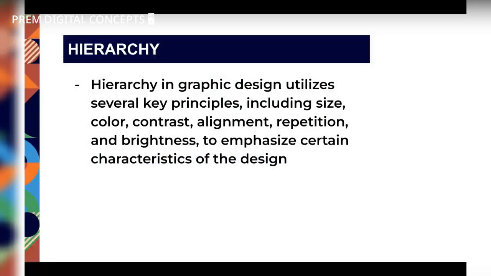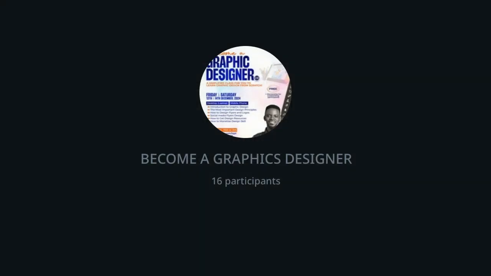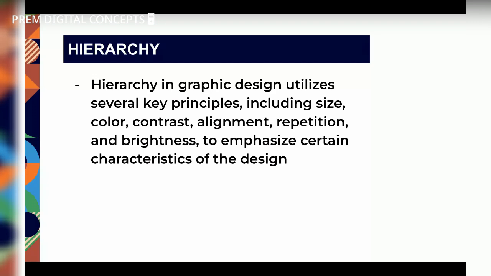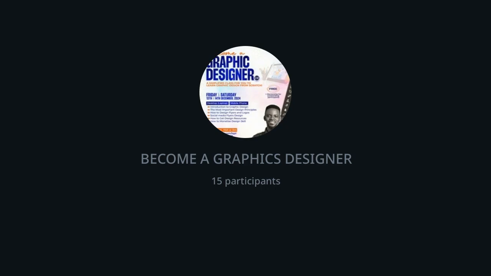Hierarchy in graphic design utilizes several key principles. The reason why I kept hierarchy separate from those four main ones is that hierarchy is not just making use of elements, it's combining those principles we talked about to achieve its purpose. Hierarchy is utilizing size, color, contrast, alignment, repetition, brightness to emphasize certain characteristics of the design.